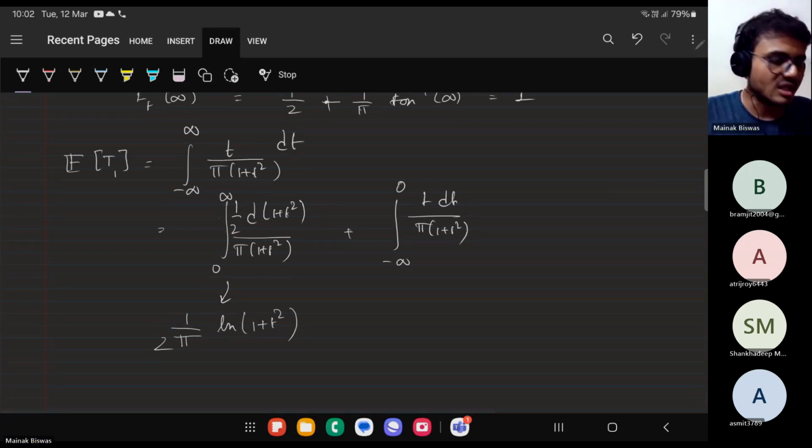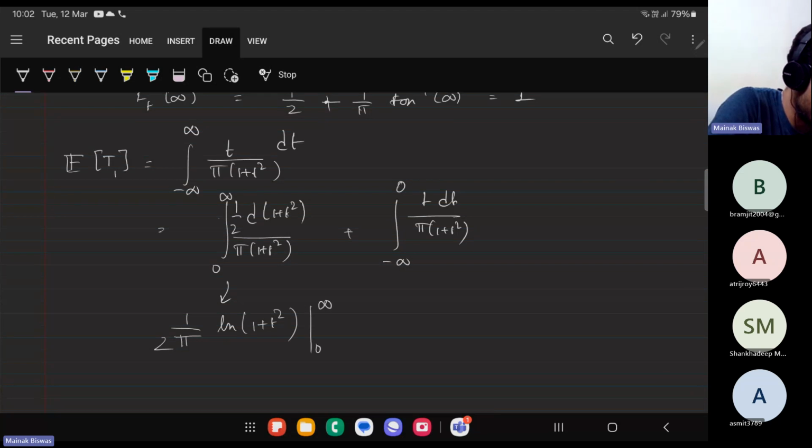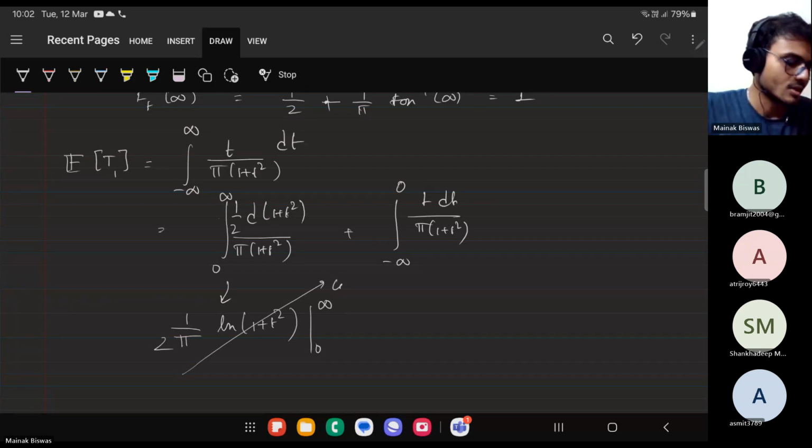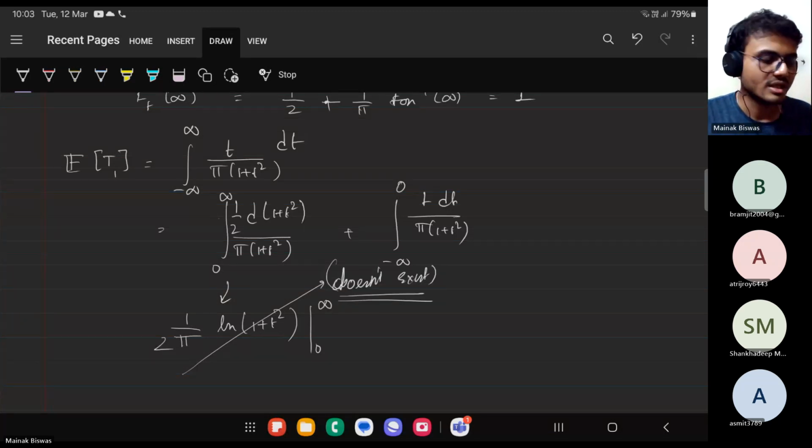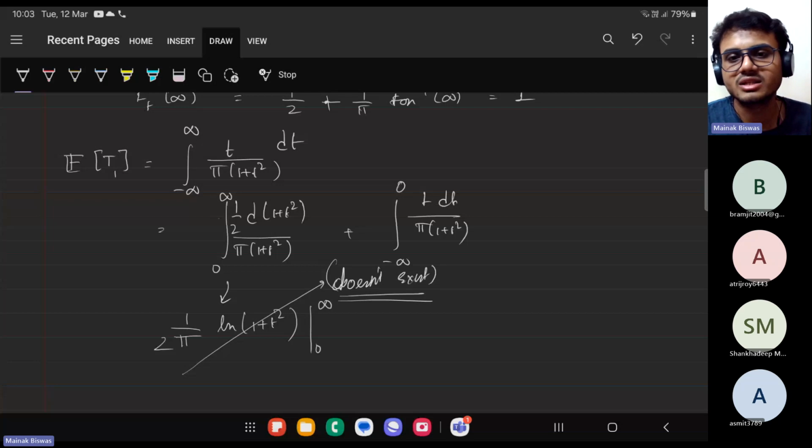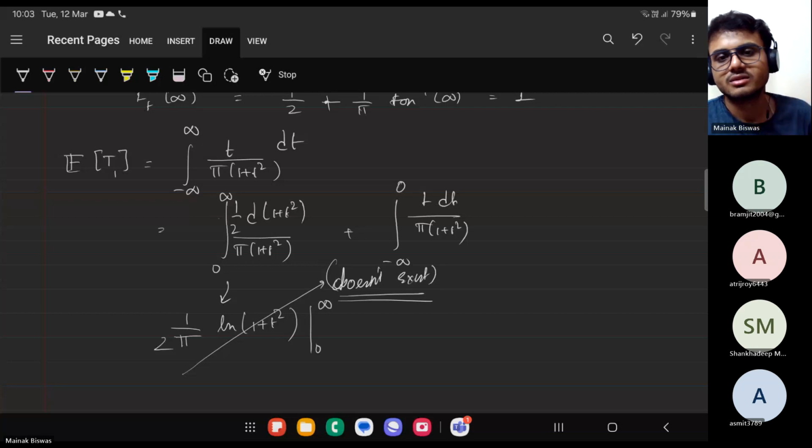See now, at 0 and infinity, this does not converge, does not exist, right? Each of these integrations do not exist. Both of them in turn turn out to be undefined quantities.